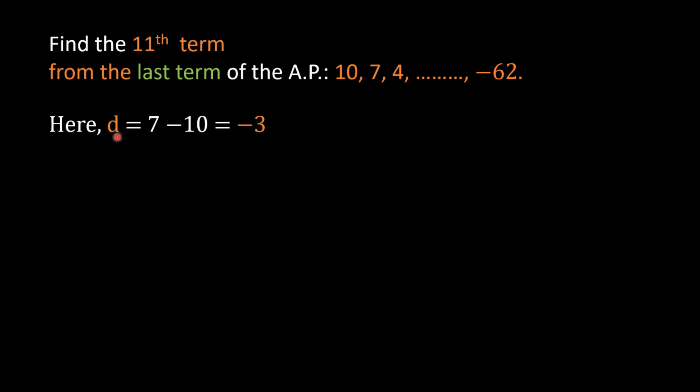Now by using this common difference we will write 3 more terms in the last section of this AP, and we will write these extra terms. The term before −62 will be −59, because −59 plus −3 will be −62. The term before −59 will be −56, because −56 plus −3 will be −59.